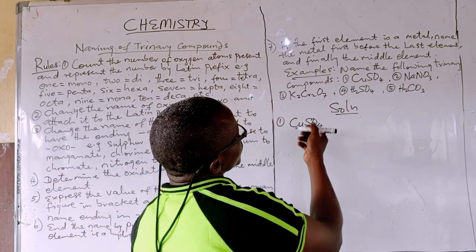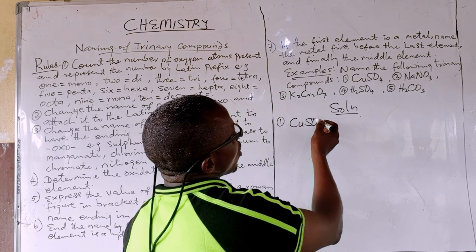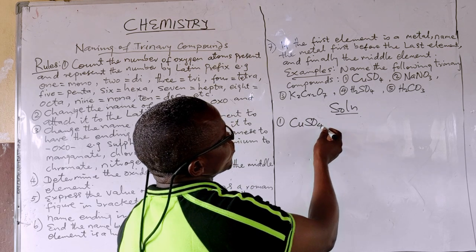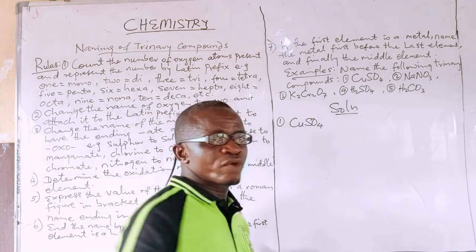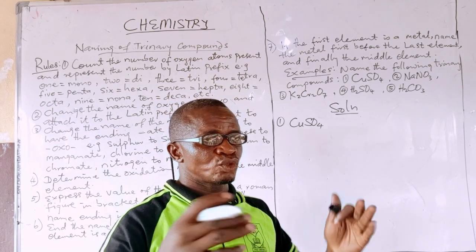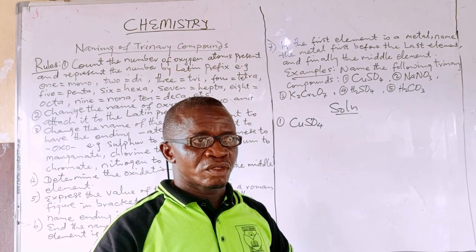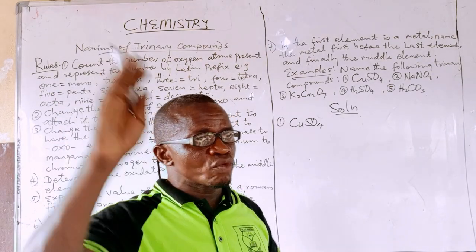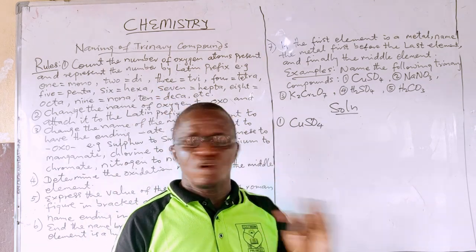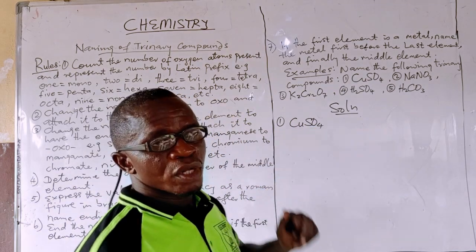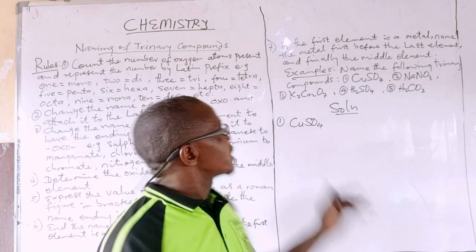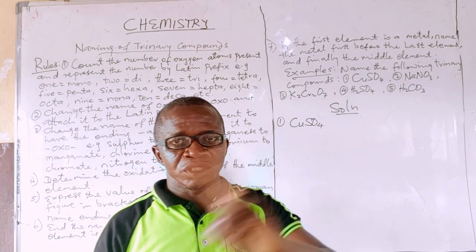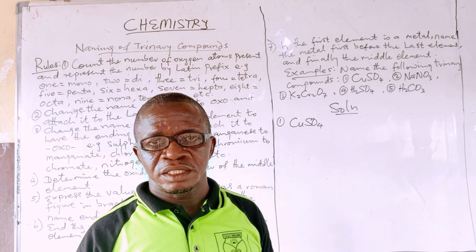So now I know here that SO4 is 2 minus, if you can remember the radical that I showed you, that's fixed. That 2 minus is what? The valency of SO4. Now note that copper has different oxidation states.